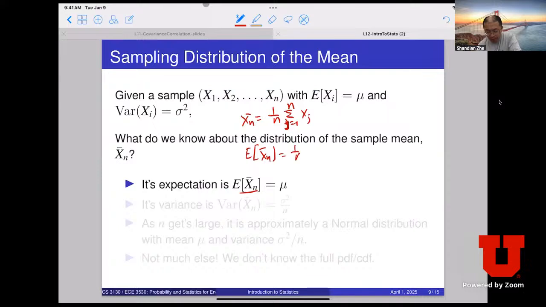You can put the constant factor 1/n outside, and then sum over the expectation of each Xj. Each Xj has expectation mu, and you get that the expectation is the same as the original random variables, which is mu. That's good, right?